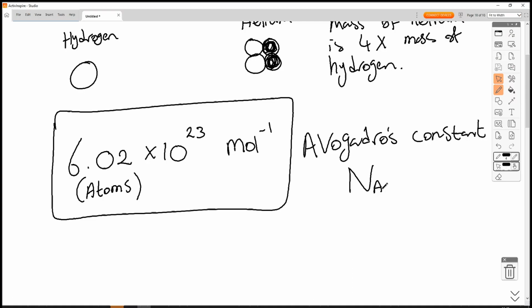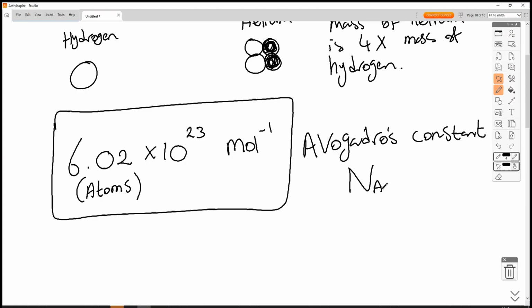Now, physics students who don't do chemistry always find this concept a bit confusing. So in this new quantity that we call the mole, in 1 mole there are 6.02 times 10 to the 23 atoms. It doesn't matter what atoms they are, whether they be hydrogen, whether they be helium.